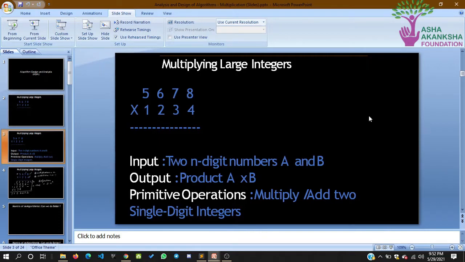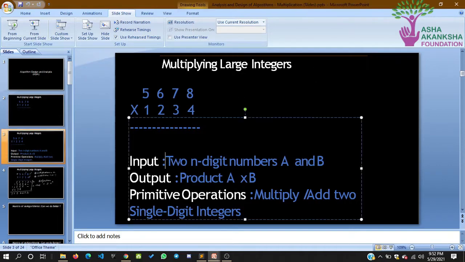So in this algorithm, multiplication of large integers, the main thing that I will be assuming is that we are provided two n-digit numbers, A and B. That is, both A and B have the same number of digits in them.